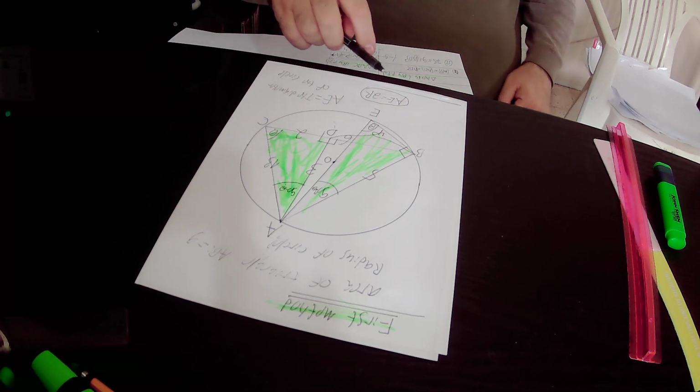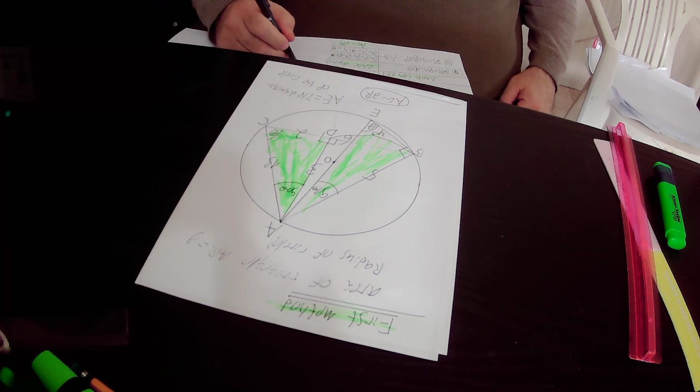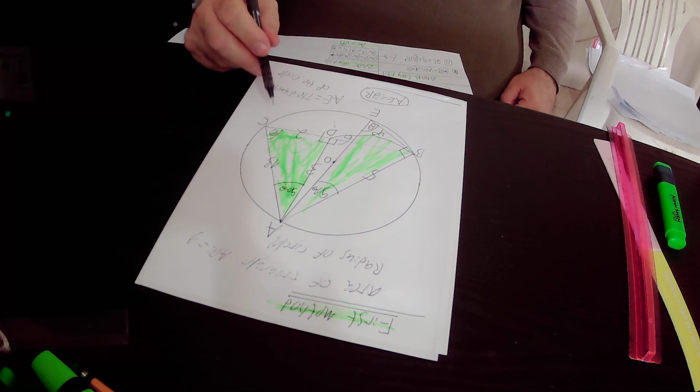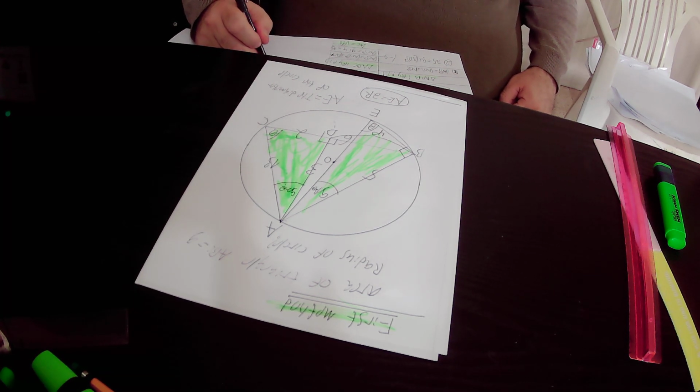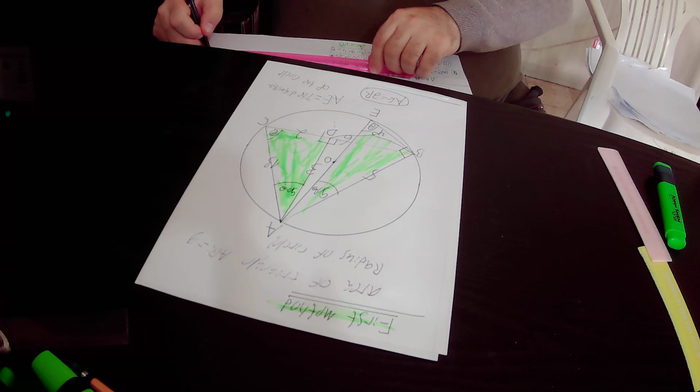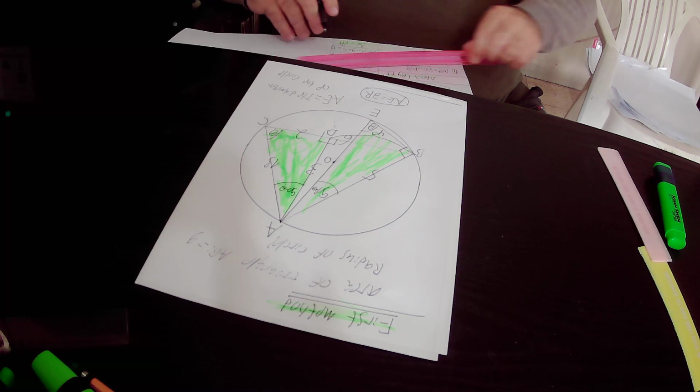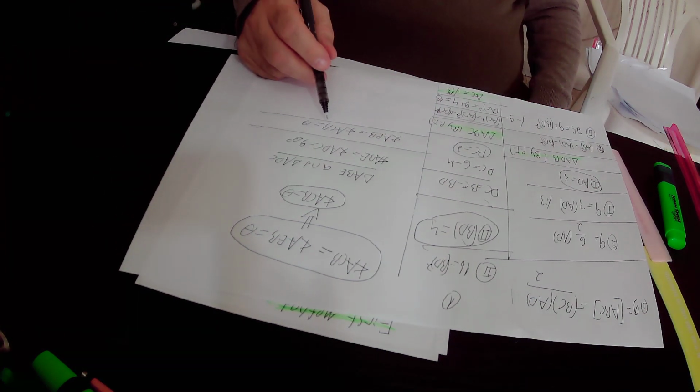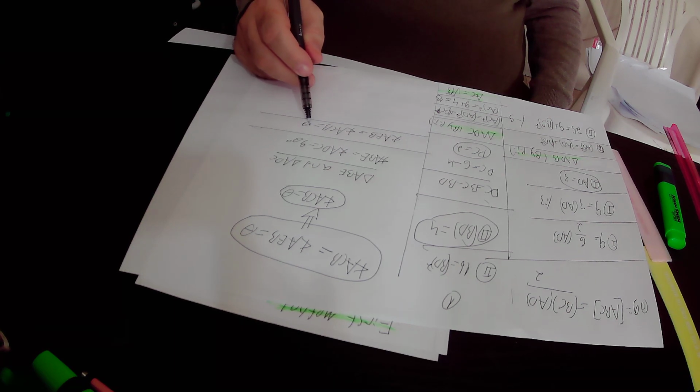So angle AEB, this angle, equals this angle, which is actually angle ACD, and they are both equal to theta. I'll repeat again: angle AEB equals angle ACB, they are both equal to theta.